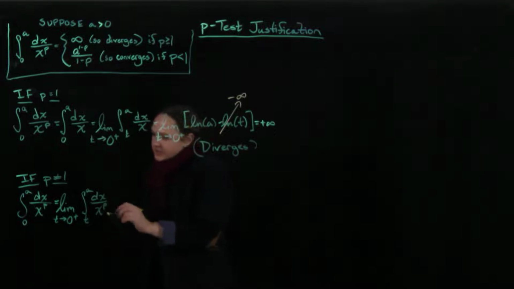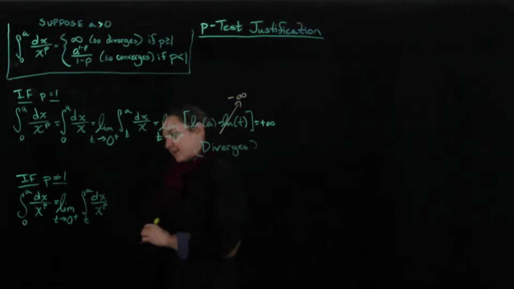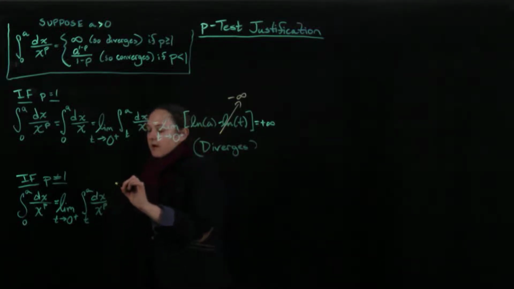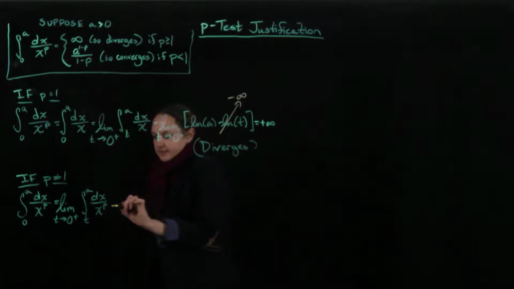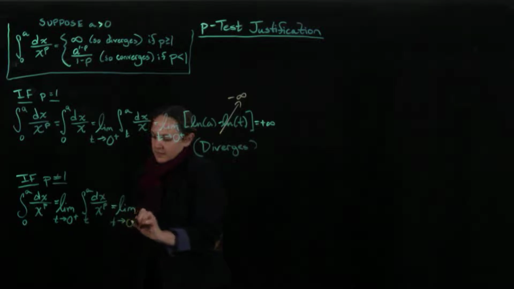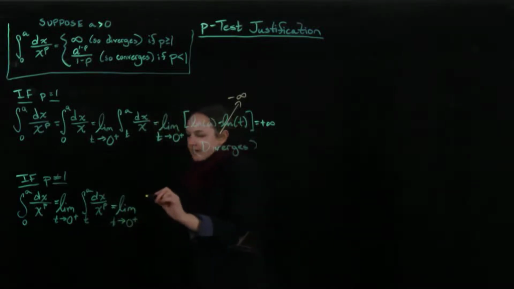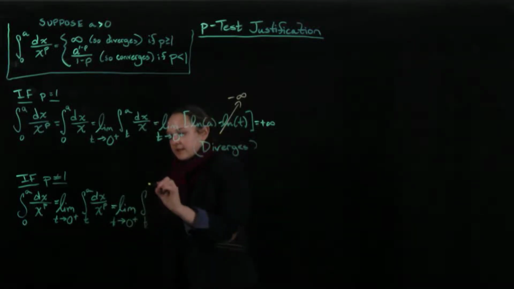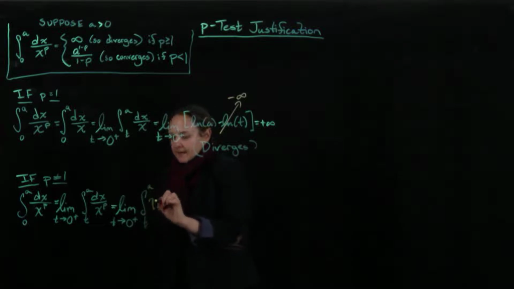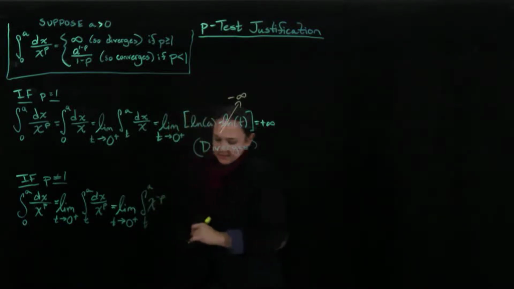Then 1 over x to the p is the same thing as x to the minus p. So this is going to equal the limit as t approaches 0 from the right-hand side of the integral from t to a of x to the minus p, which just makes it a little easier to compute.